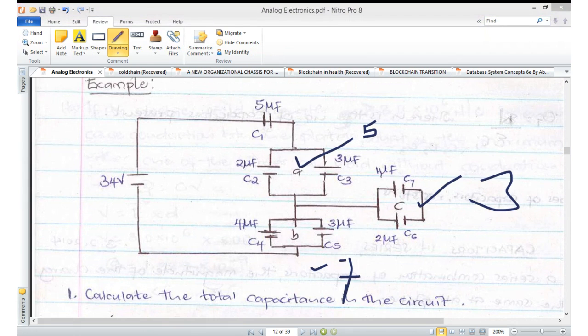Can you confirm if you can see my markings? I'm trying to mark to do some explanation using a marker, so you can confirm if you can see what I'm marking.